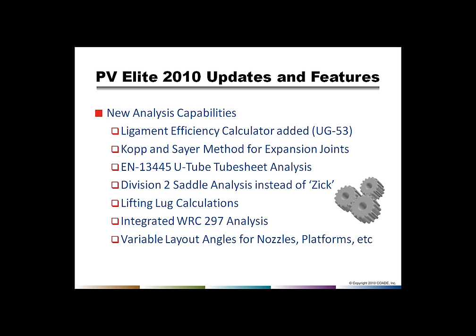Sometimes vertical vessel nozzles are oriented, say, to the north as the 0-degree mark, and you might go counterclockwise or clockwise. PV Elite's convention was originally east and counterclockwise. So what we've done in this version of PV Elite is make that changeable. Let's take a look and see how that works.